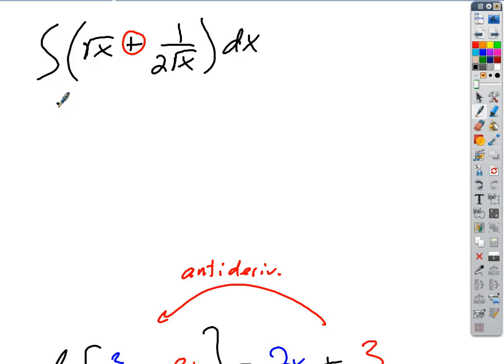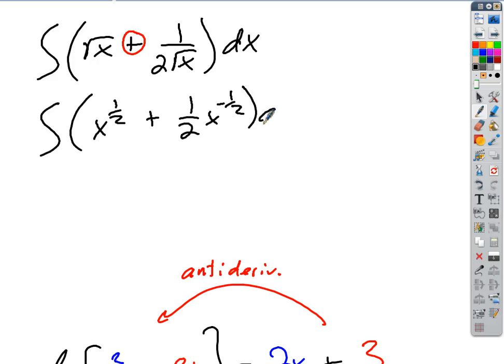We've got the square root of x is just an x to the 1/2, plus 1 over 1/2 x to the minus 1/2, dx. And in my mind at least, I'm splitting those into separate antiderivatives. So let's just follow our rules then.